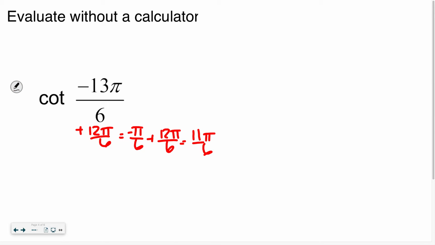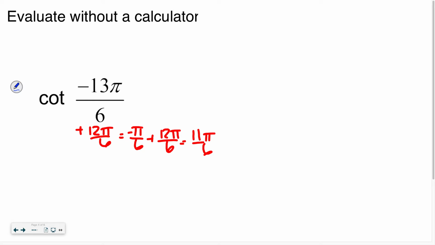Now, some of you, when you get to negative pi over 6, you're like, oh yeah, that's the 11 pi over 6 in quadrant 4, right? So if you don't add it twice, just make sure that you're getting the right angle so you get the right signs of your coordinates. So I'm going to try to think about 11 pi over 6 without my calculator, okay, without my unit circle.